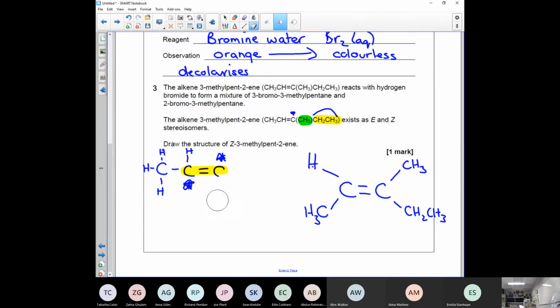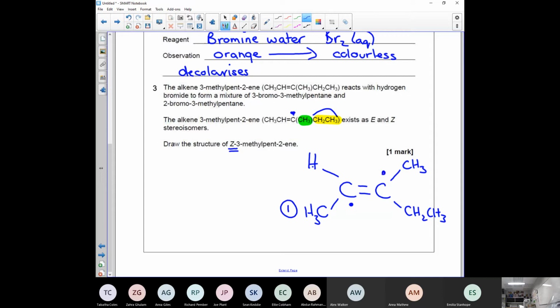Right, so I can get rid of that now. I've obviously done this in pencil, for example. So now I've got my structure like this. It wants me to draw the Z isomer. So I need my priority groups on the same side. Let's have a look at this one here. This carbon's got a carbon and a hydrogen attached to it, right? That's my priority group, CH3 over there.